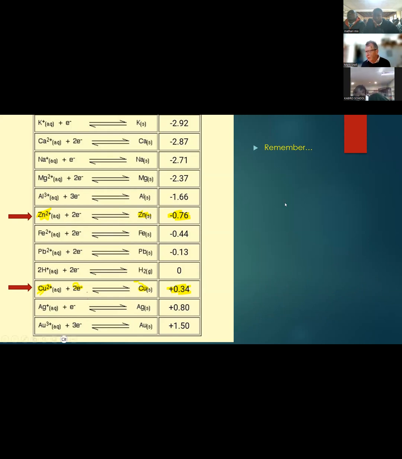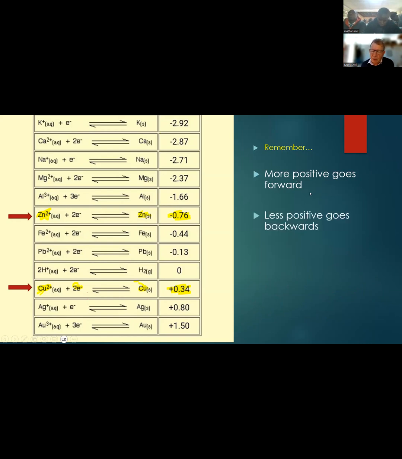So here are some things to remember. The more positive one goes forward. In other words, it goes from left to right. The less positive one goes backwards. So the more positive one, like in this case copper, goes left to right, and the less positive one, the more negative one, goes right to left.